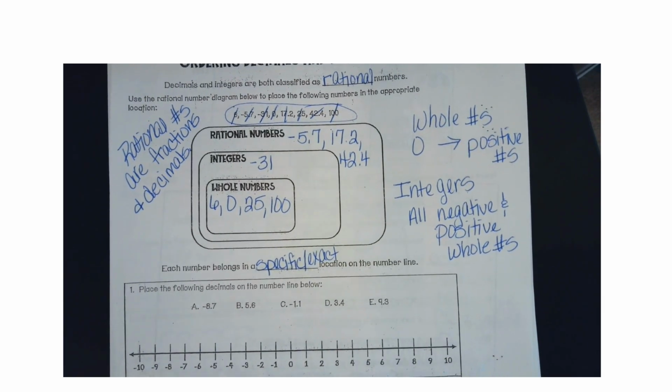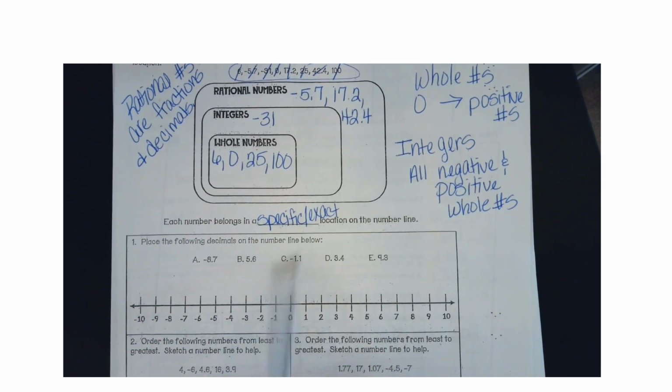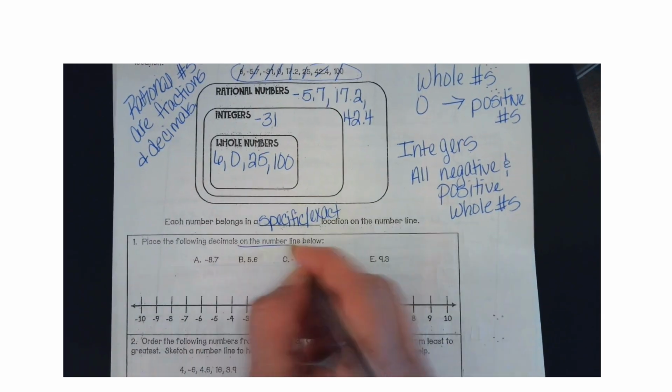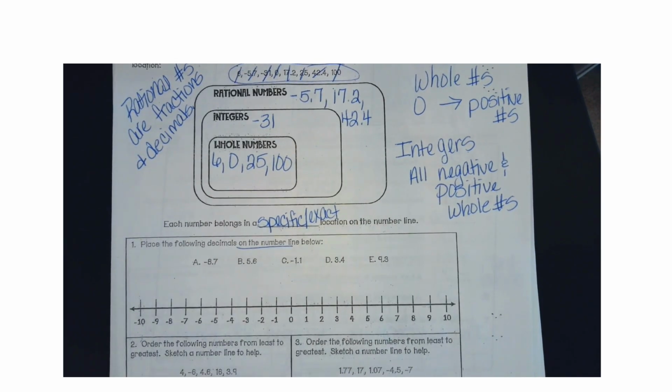All right, so now when you are looking at putting these on a number line, the biggest thing that you've got to remember is you've got to look at what's behind that decimal. What's to the right of it?